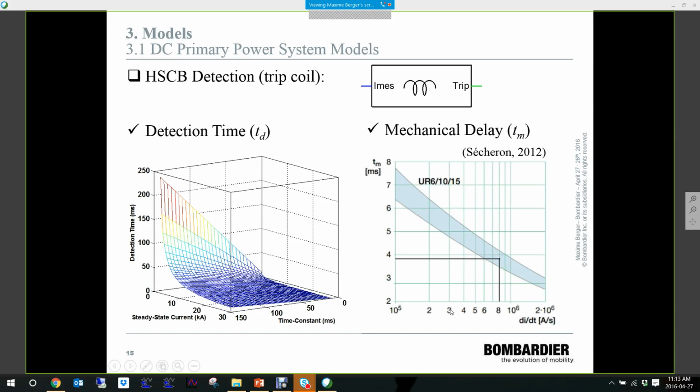And on the right, what we see is that according to HSCB manufacturers, an opening delay, Tm, is required before the breaker contacts start to open. This delay depends on the initial rate of rise of the current, here di/dt. In fact, as the initial rate of rise increases, the mechanical delay will decrease.